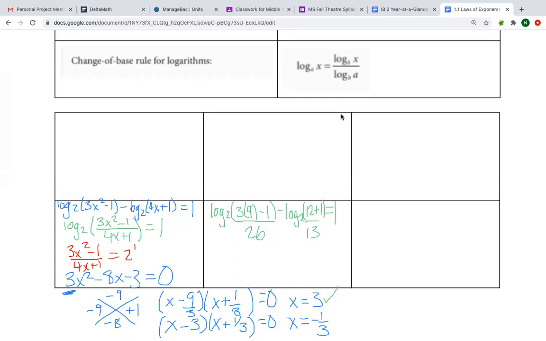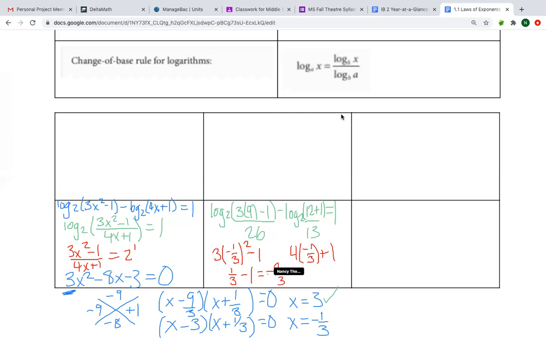So if I have 3 times negative 1/3 squared minus 1, and the term 4 times negative 1/3 plus 1. This first one, I would end up with 1/3 minus 1, which is equal to negative 2/3.